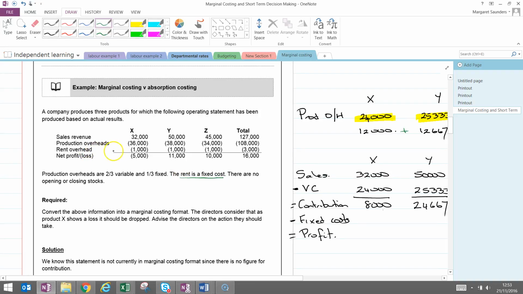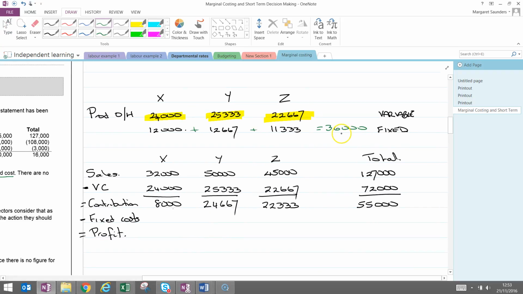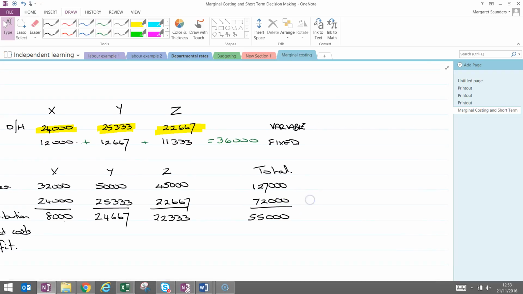So the rent overhead is £3,000. So we have £36,000 here of production overheads that are fixed. We have another £3,000 of rent. That tells us that our total fixed costs are £39,000.